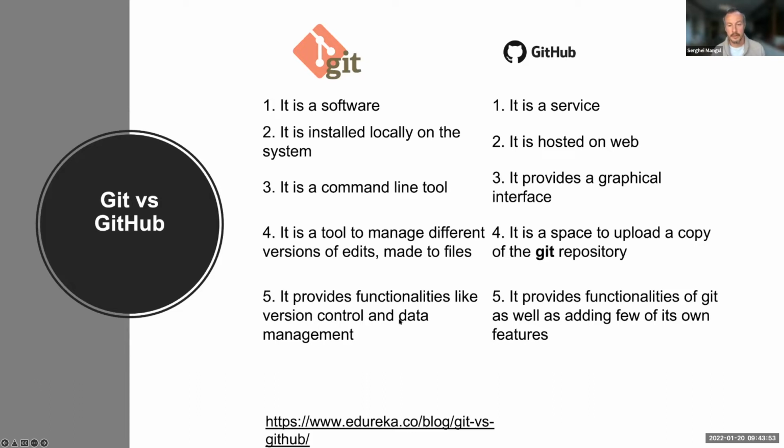Git provides functionalities like version control and data management, and GitHub also provides that. Just remember, Git is underneath GitHub, but GitHub provides a couple more of its own features. So it's a little bit more than just Git. Okay, any questions so far? I think that's more or less what we need to know, very generally speaking.